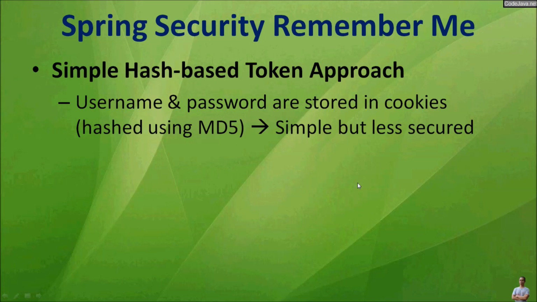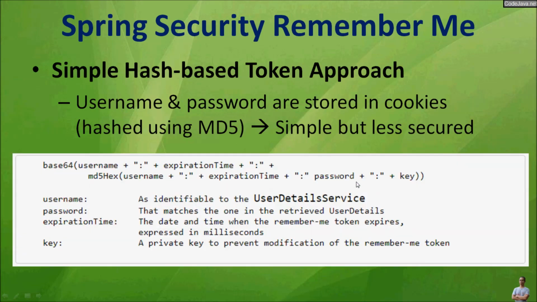And according to the Spring Security documentation, it will store this information in cookies in the browser: username, expiration time, password, and a private key. So basically, username and password are stored in the cookie in hashed form, but it is less secure if the information is captured. But it is very simple to implement with Spring Security.